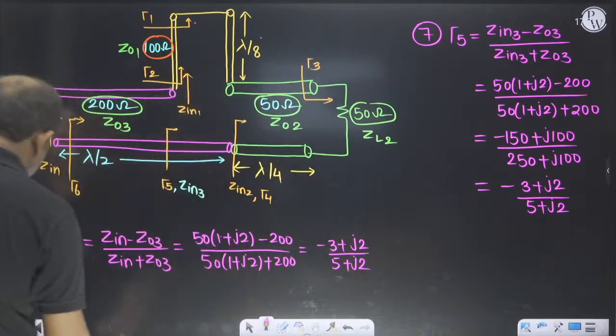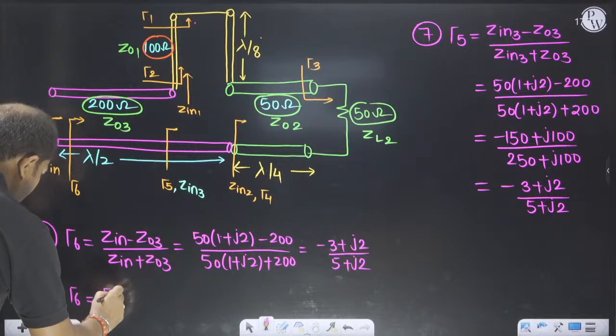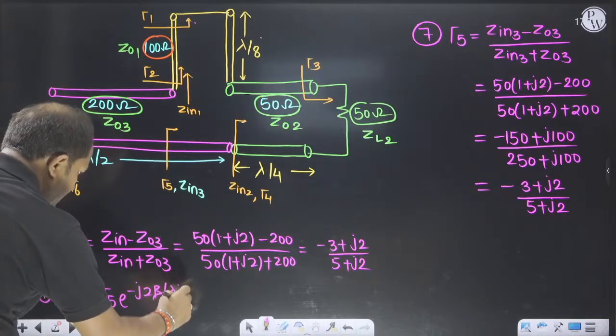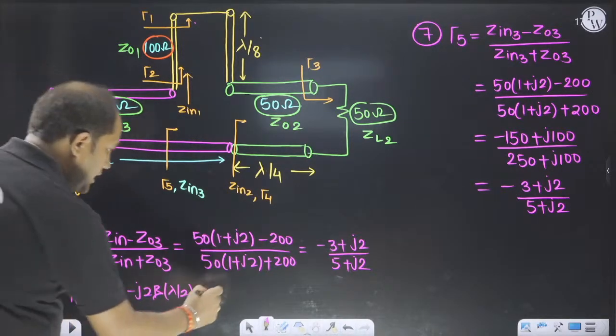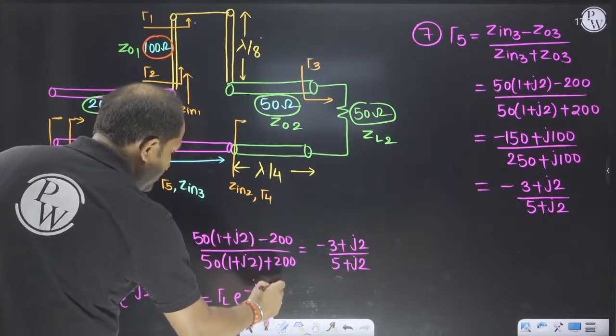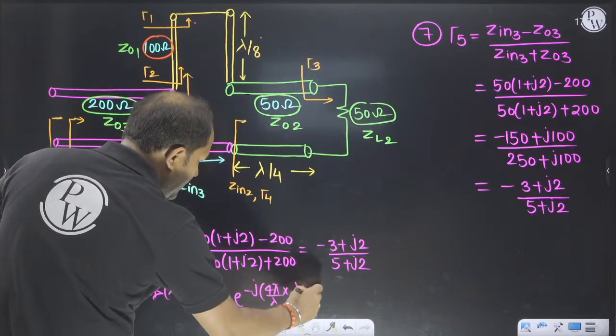The second one is gamma 6. You can calculate it like this also. Gamma 5 at a distance 2 beta l, where length is lambda by 2. How much will it be? Gamma 5 I will write as e to the power minus j 4 pi by lambda into lambda by 2.